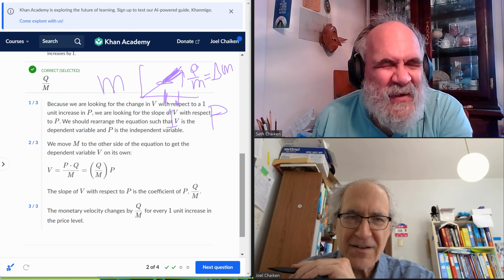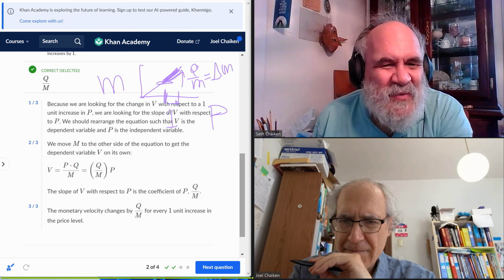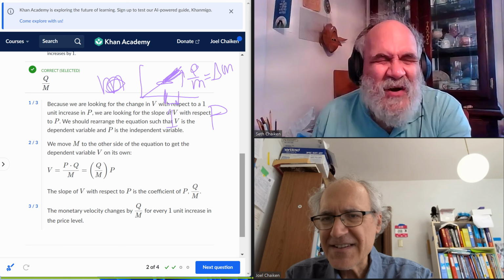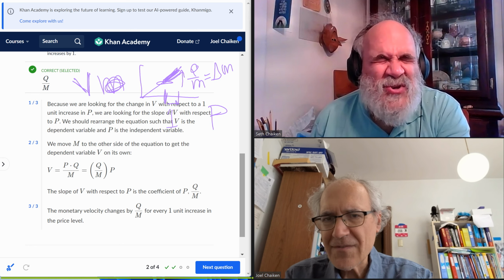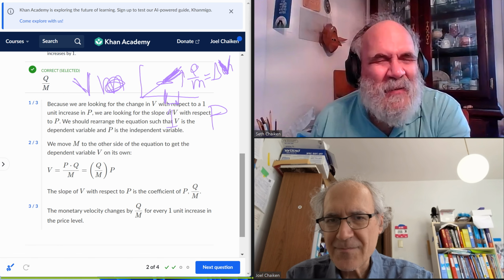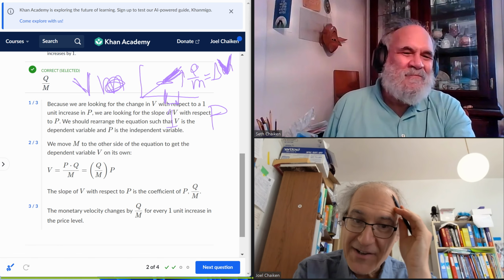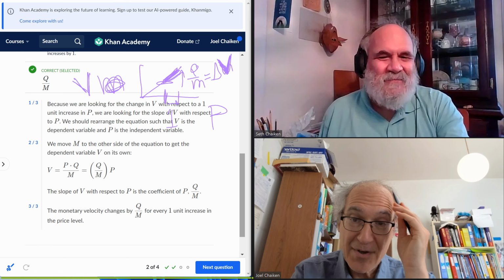I think the vertical axis should be labeled V. Wait, that can't be Q over M. The vertical axis, you labeled it M, it should be V. Yeah, that's why something was seriously wrong. When I was looking at this, I was saying, wait, there's a problem here.